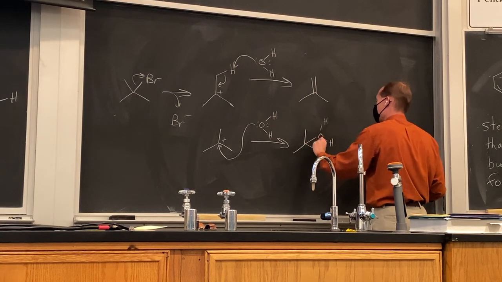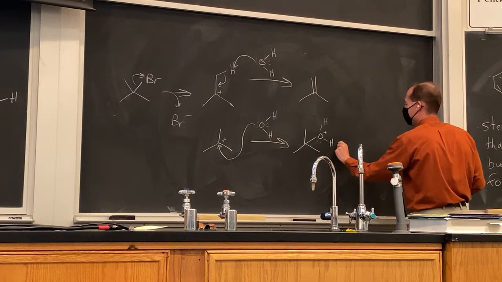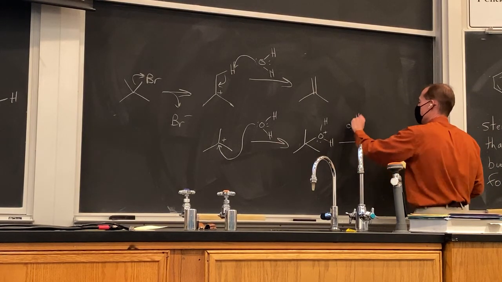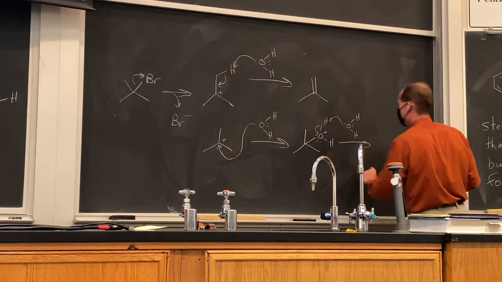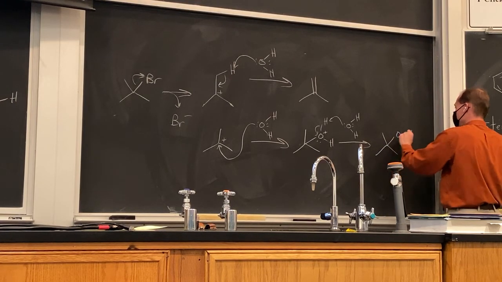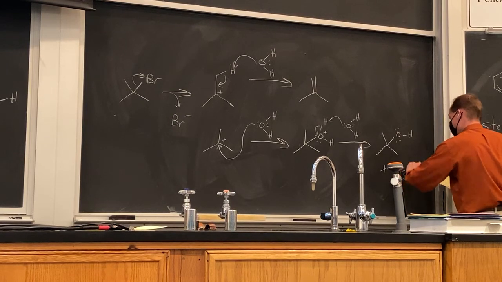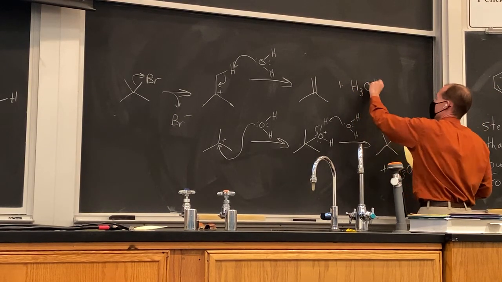It could also attack the carbocation. And then in the case where it attacks and performs the substitution reaction, then we need a third step, an acid-base step, to generate our alcohol product, and we get our H3O plus byproduct, which we also get up here. Okay?